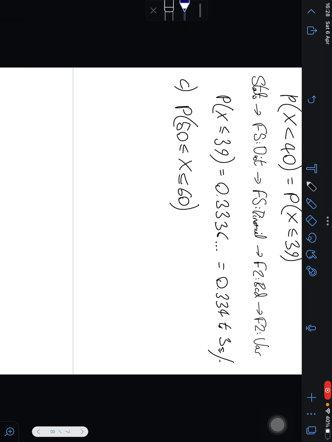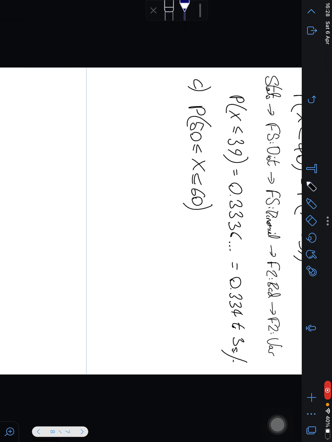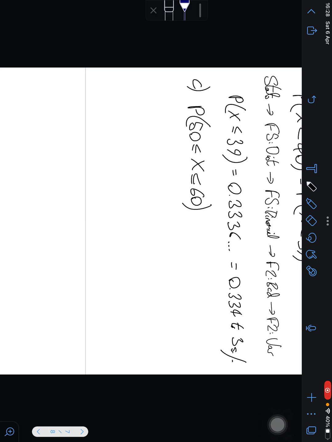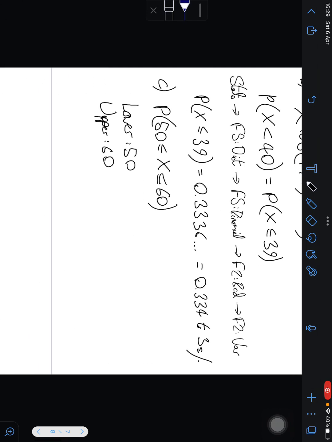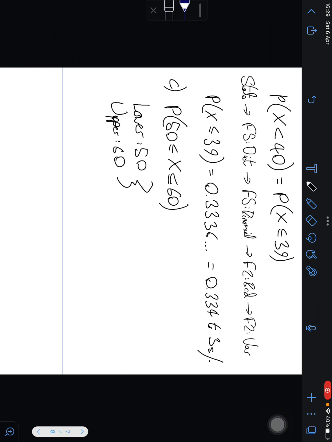But your calculator does it much nicer, because after we go through all of this, all we need to put into our calculator, if I go exit from my previous one, is my lower going to be 50, and my upper going to be 60. So 50, 60 inclusive. Cool beans.